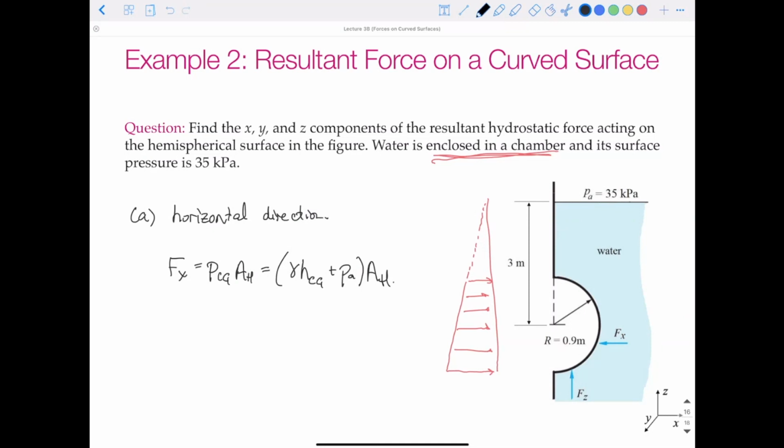The area of the horizontal projection is just going to be the area of a circle with a radius of 0.9, so it's pi r squared, which is pi times 0.9 squared.